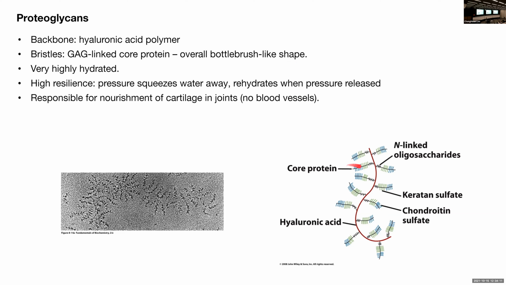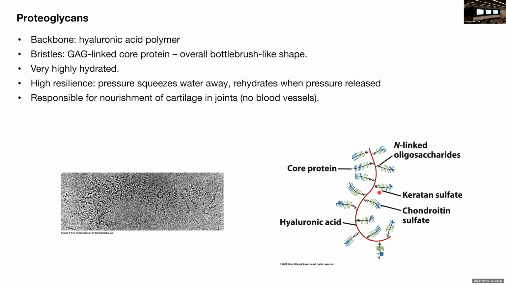And it is very highly hydrated. And you can imagine, right? There are a lot of little branches there, and all the water molecules can be hidden basically or absorbed in those little polysaccharides or oligosaccharides. So it can contain lots of water there, and it has a high resilience too because of this property of containing lots of water molecules.